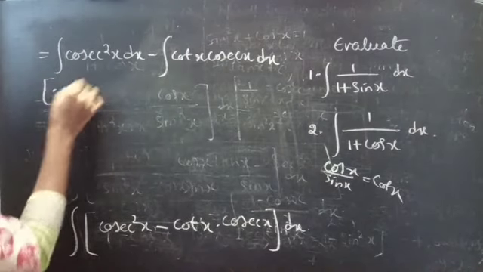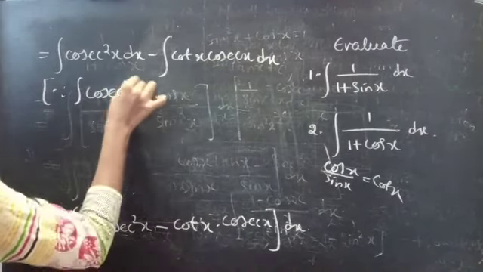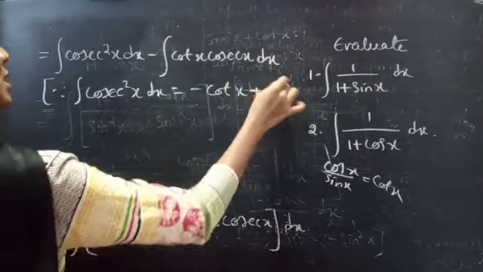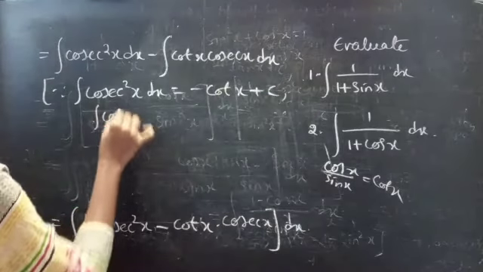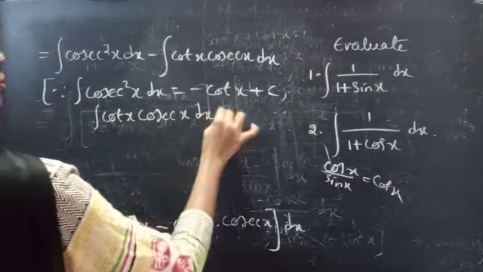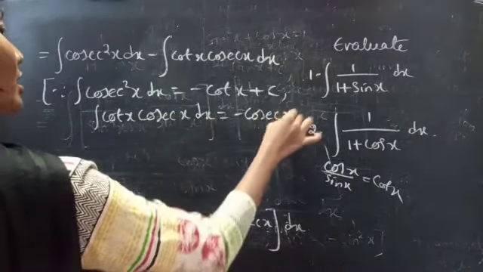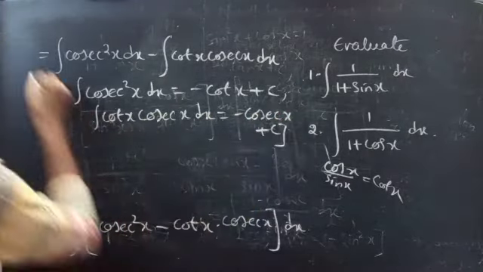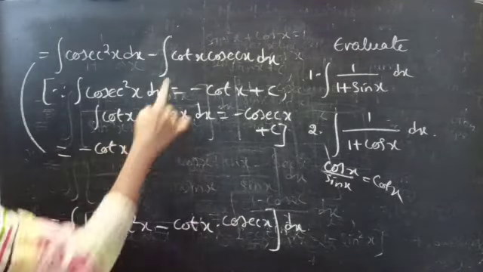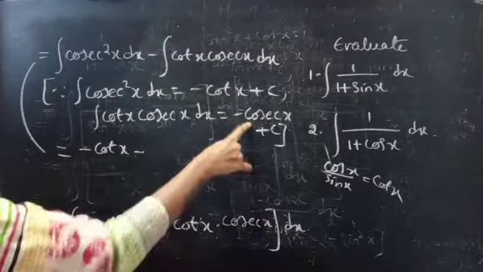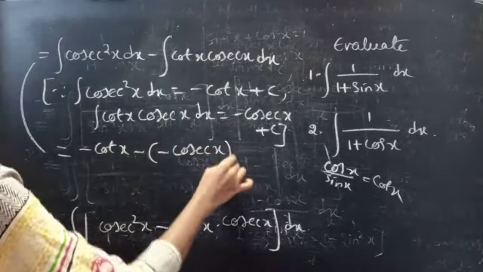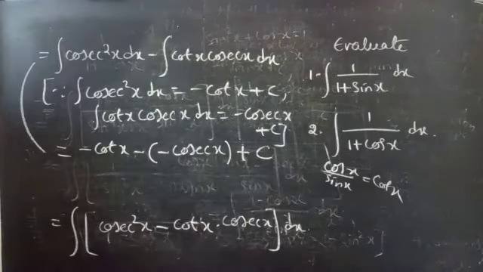Since we know that the integral of cosecant square x dx equals minus cot x plus c, and the integral of cot x into cosecant x dx equals minus cosecant x plus c, this becomes minus cot x minus, minus cosecant x plus the integral constant c.